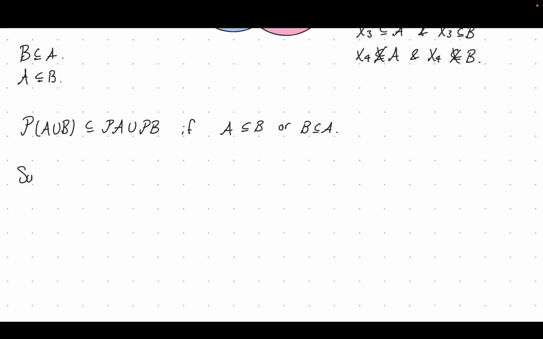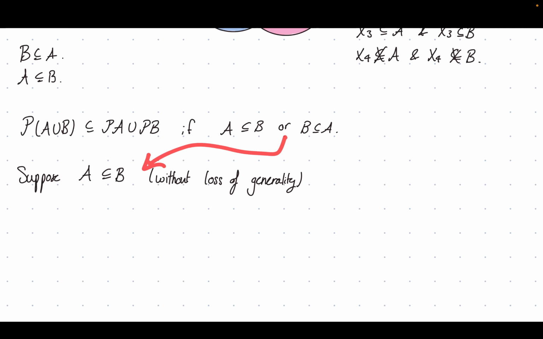So suppose A is a subset of B, without loss of generality. And it's without loss of generality going from here to here, because proving the case where A is a subset of B and proving the case where B is a subset of A is the exact same proof.